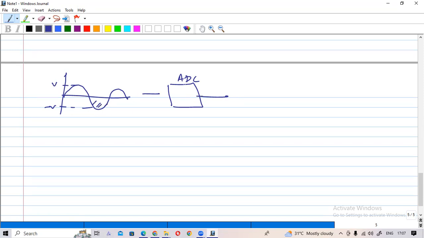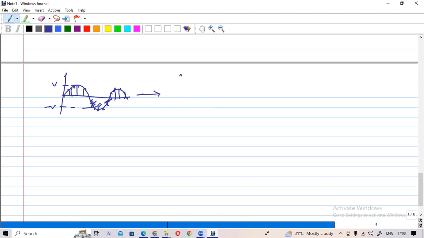It samples and converts the value only for this part. This part will not be obtained. Okay. So before you send this signal to the ADC, you need to do something. That is again signal conditioning.